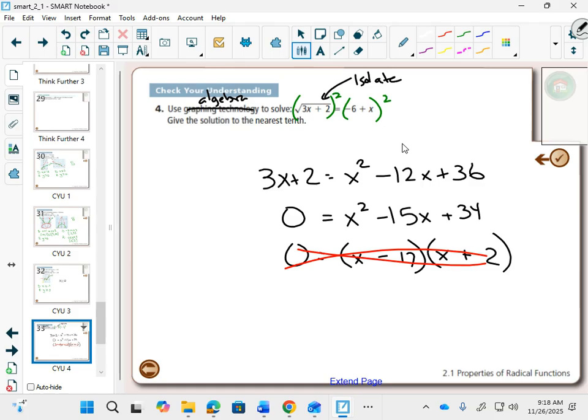So again, sometimes we try to factor, and we have to double check when we factor that it works. If it doesn't, then you go to your formula sheet or your memory and pull out your quadratic formula. Getting ready for AP Calculus, try to pull it from your memory.